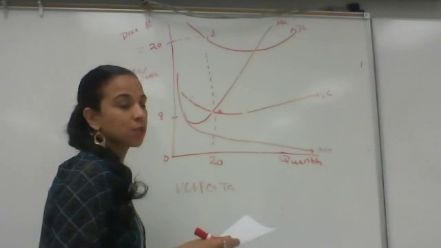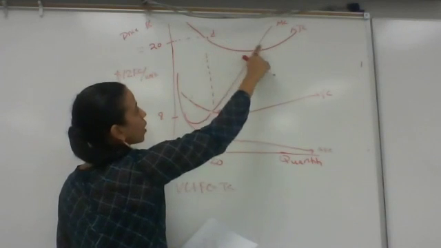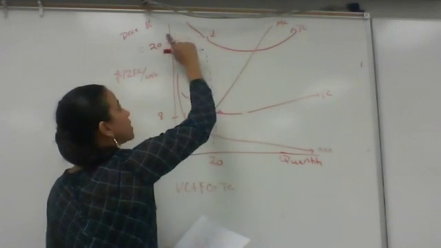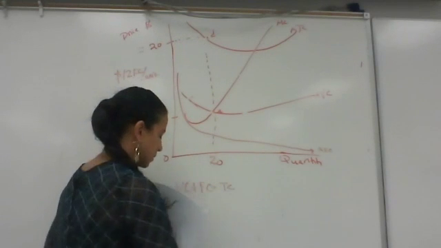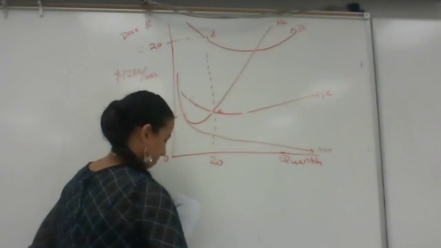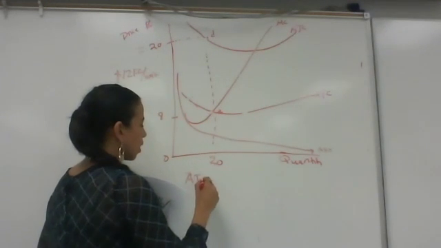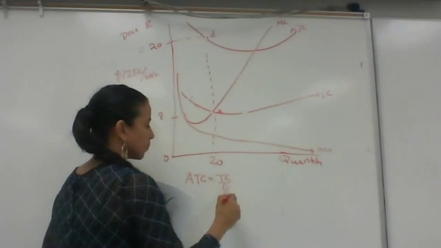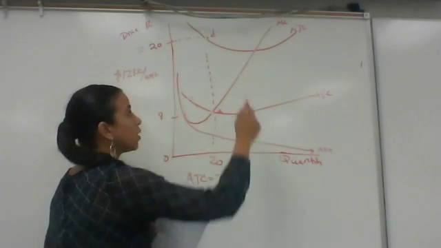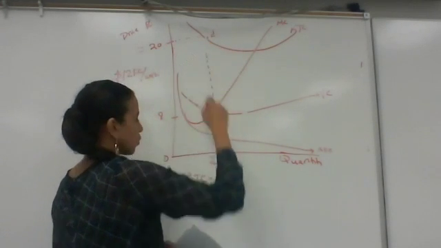What is the total cost at 20? At a price of 20, go all the way up to my total cost, and I find out, hey, it's going to be 20 per unit. So if I wanted to figure out what my total cost is, I know that my average total cost is equal to my total cost divided by Q. So this is my average total cost curve, and I know at 20, my average total cost is 20.